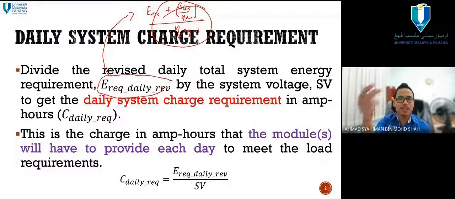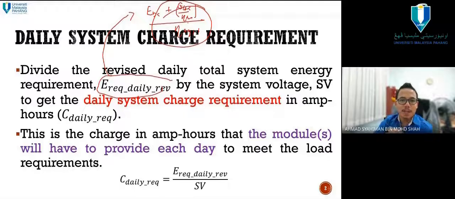SV, not supervisor, it's system voltage, to get the daily system charge requirement in Ah. Okay. This is the charge in Ah that the module will have to provide each day to meet the load requirements. So we need to divide it with the system voltage that we have chosen already. It must be tally lah. If our load is 4 kilowatt hour, then you need to use 48 volt.